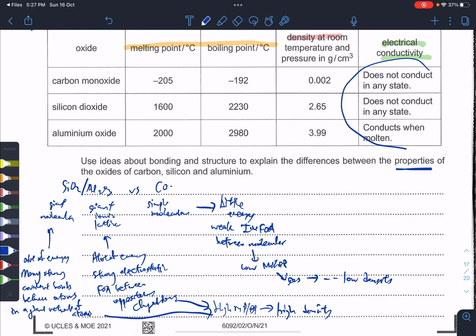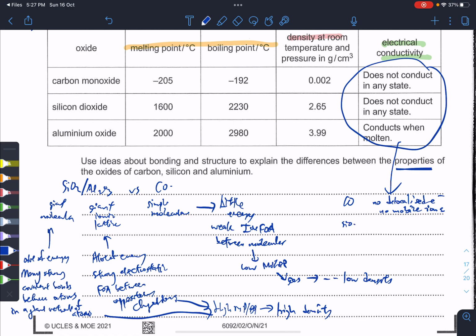Then conducting electricity is another thing to talk about. So you tell me that CO has no delocalised electrons. When you explain why something cannot conduct, you need to tell me that it has neither of both things. So there are no delocalised electrons, there are no mobile ions. They got nothing.